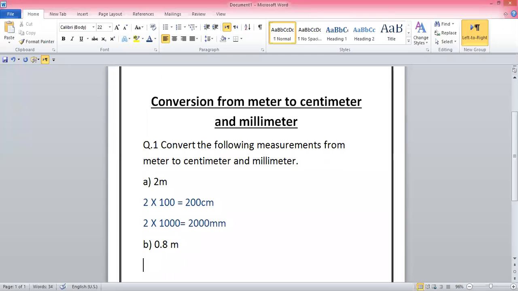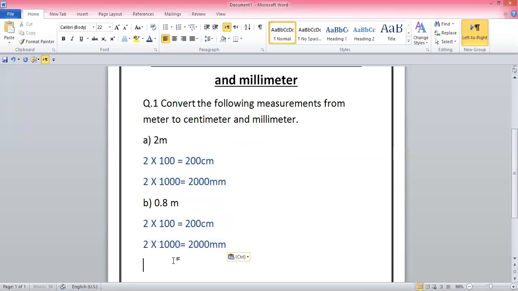Now for centimeter, what you will do? You will multiply it by 100. And for millimeter, you will multiply it by 1000.